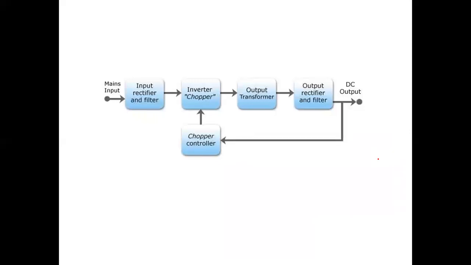So this is the model of SMPS. The mains input is given to the input rectifier and filter circuit. Then it is given to the chopper circuit. Okay, then the output transformer, then the output rectifier and filter, then the chopper controller. That is the reference voltage comparator. So you will get the DC voltage, that is the SMPS model.